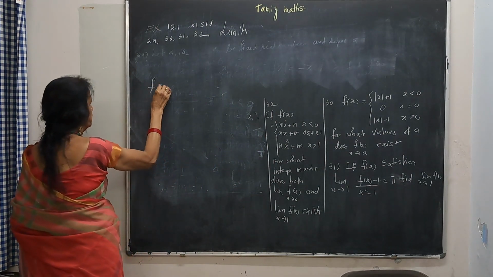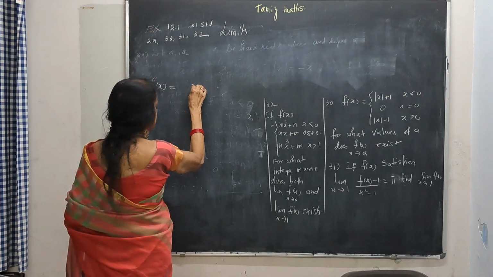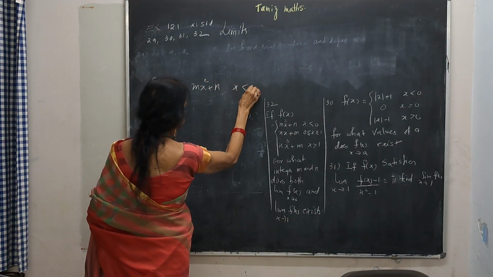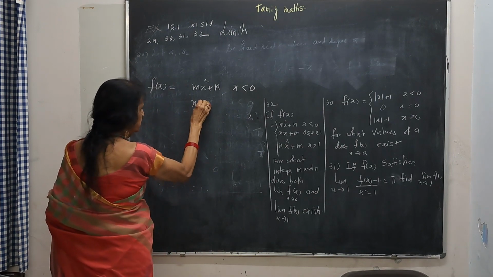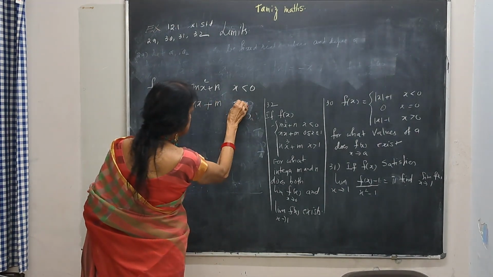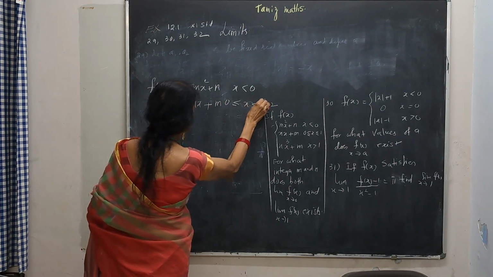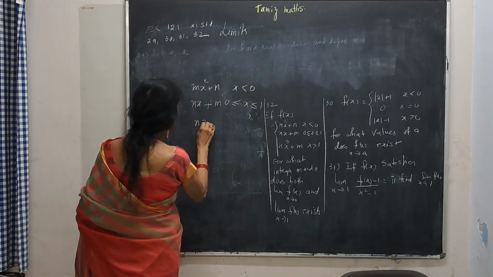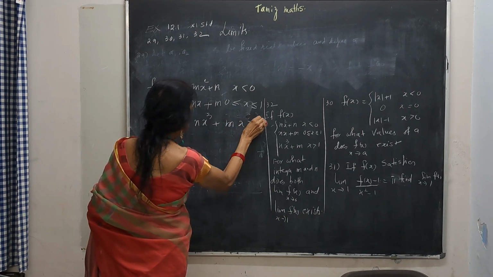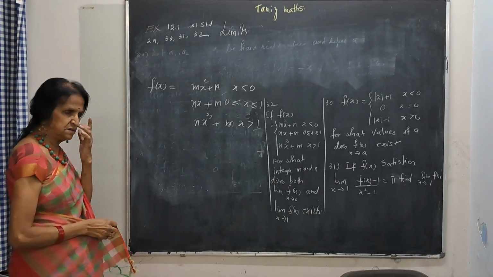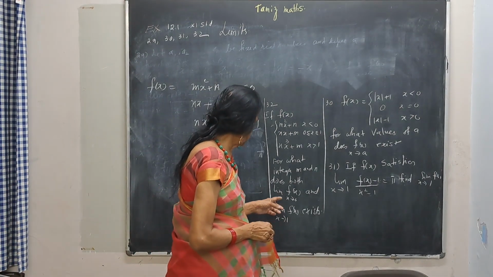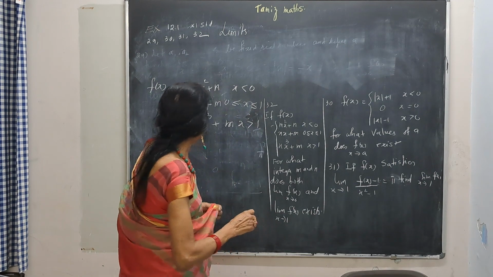f(x) is mx square plus n for x less than 0, nx plus m when x lies between 0 and 1, and nx cube plus m when x is greater than 1. Now let's see what is going to be the limit of f(x), x tending to 0.